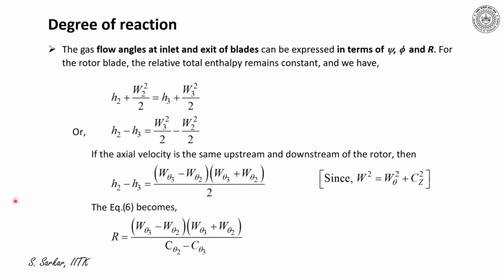Considering the definition of degree of reaction from equation 6, R can now be expressed as R equal to (W theta 3 minus W theta 2) into (W theta 3 plus W theta 2) divided by (C theta 2 minus C theta 3).